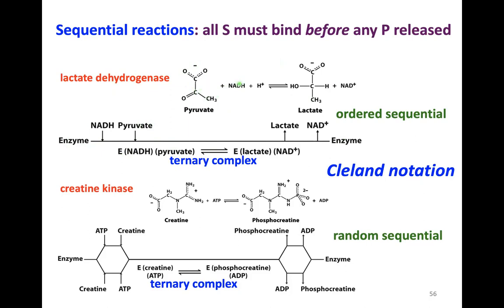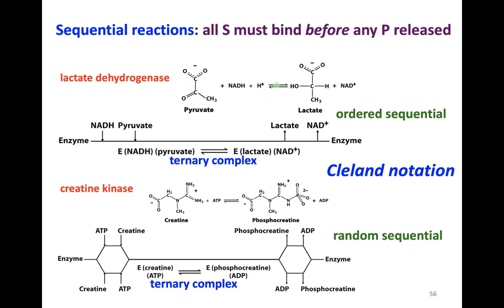Pyruvate is being reduced at this carbonyl oxygen to lactate. And this is a redox reaction, so if something is being reduced, something else is being oxidized. NADH is being oxidized to NAD plus. The plus is always there. That has to be there, otherwise it is not correct. But we don't speak NAD plus, it's NAD, okay?